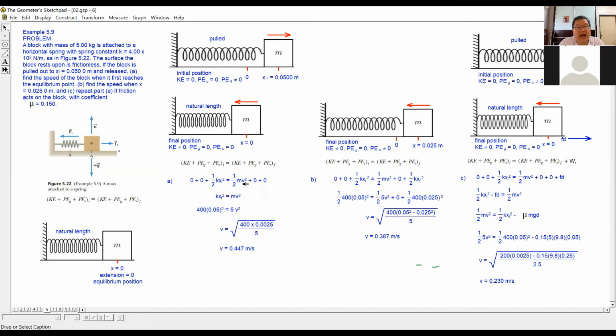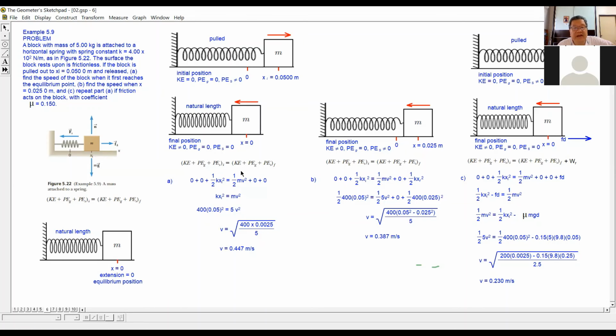Then we come to the final position. Kinetic energy, half m v squared. Gravitational potential energy, 0. Final spring potential energy, also 0, because this is the equilibrium position. So we have already formed an equation involving the total energy. Just substitute in the values.